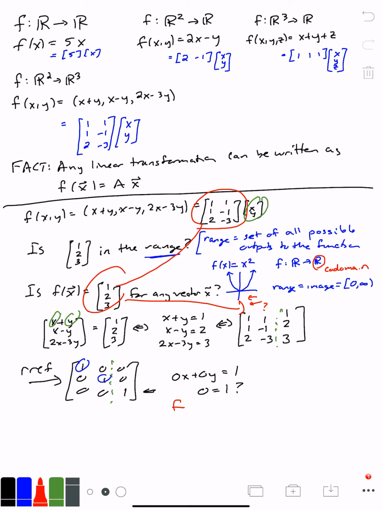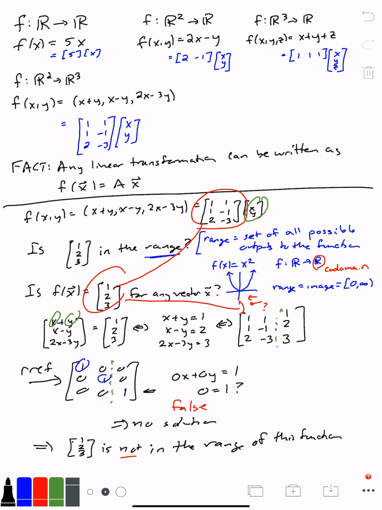That's a false statement. And so because of that, what does that mean? That means there is no solution. And if there's no solution to this equation, then that means that 1, 2, 3 is not in the range of this function.